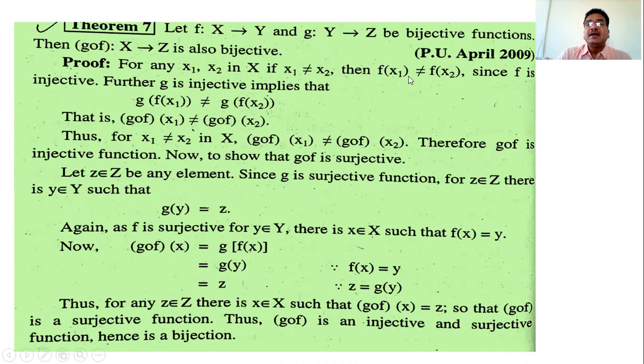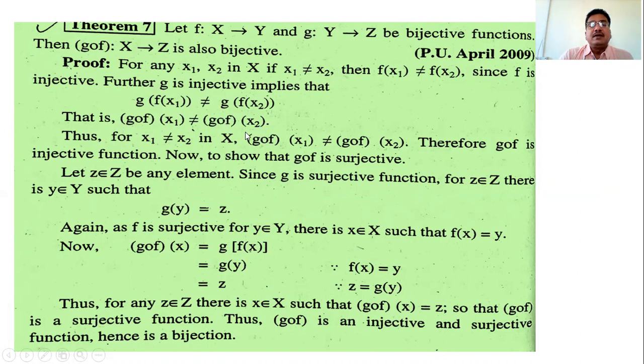g of f of x1 is not equal to g of f of x2, because g is injective. These two elements are different in Y, and therefore their images under g are also different because g is injective. And g of f of x1, by the definition of composition of two functions, is g circle f of x1, and this is g circle f of x2.